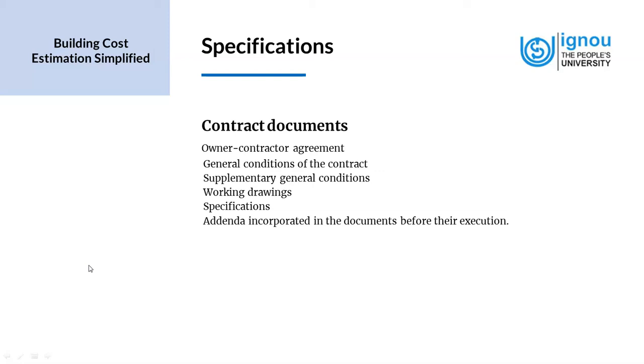So it is important to give utmost care while preparing specifications, because they do have legal implications. In order to avoid expensive litigation later on, we need to be very thorough in the way we draft the specifications and the way we communicate technical information to all the parties involved.